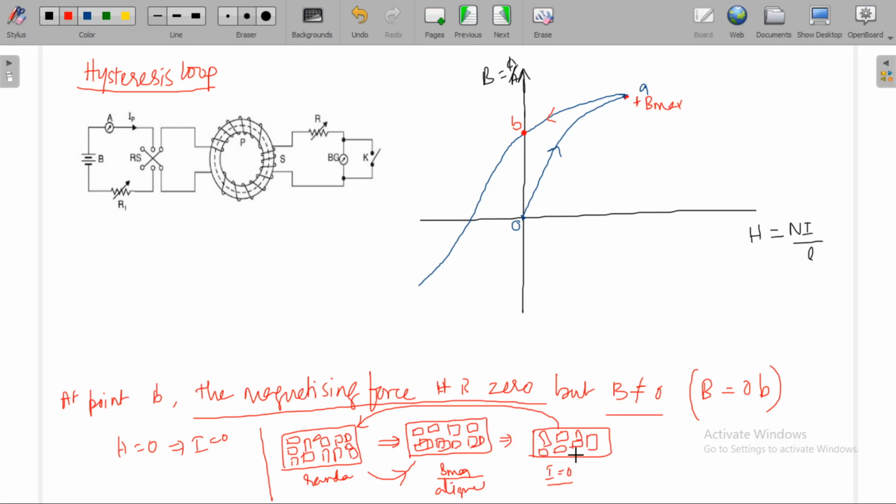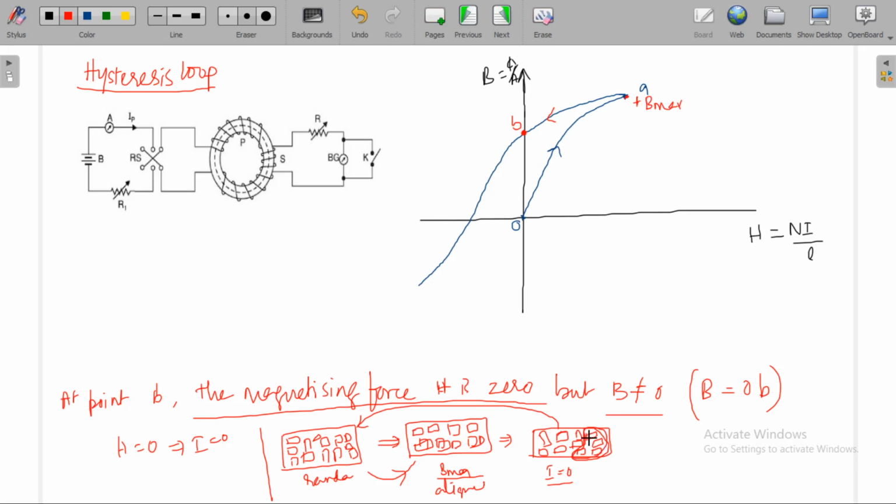But all of a sudden, all domains will not get distributed randomly. Few aligned domains are still present. These are randomly distributed domains, and these are aligned domains.